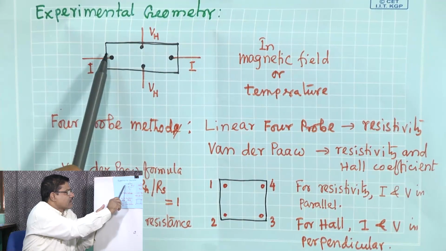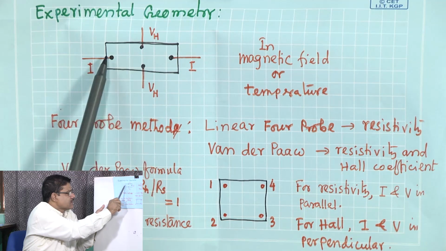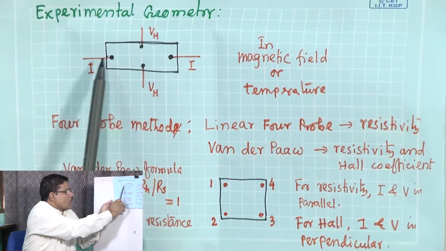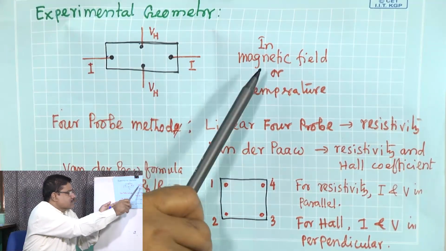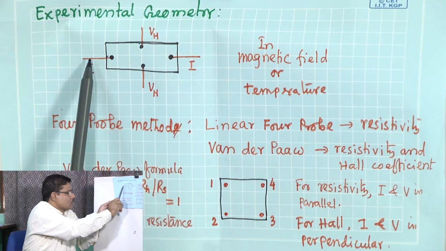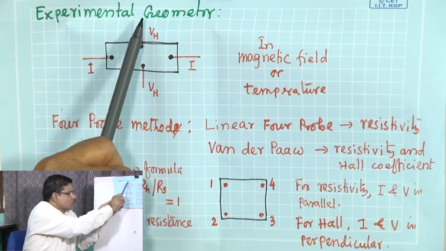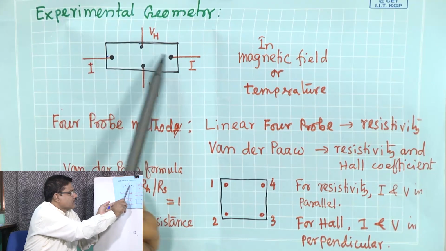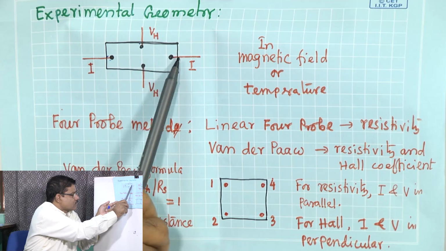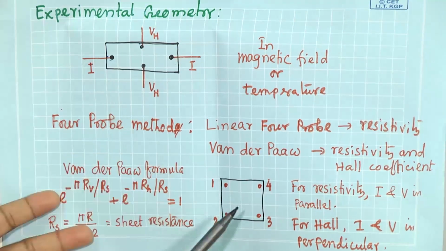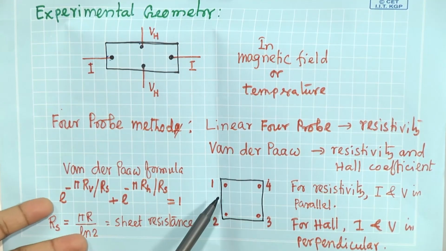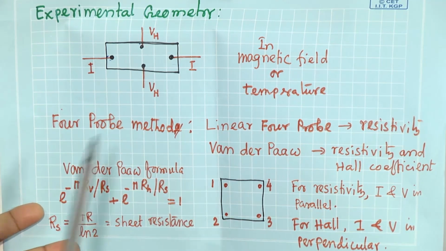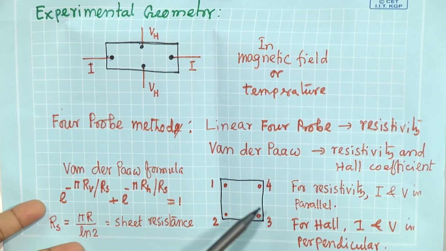Two are perpendicular to the other two. Here I have shown this van der Pauw geometry, with four probes 1, 2, 3, 4, put this way. The advantage of this four-probe van der Pauw geometry is that you can use it for measuring the resistance as well as for measuring the Hall voltage or Hall coefficient.